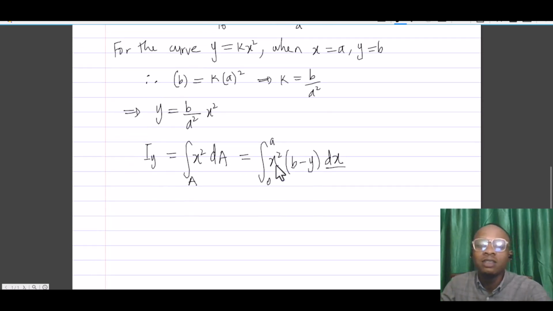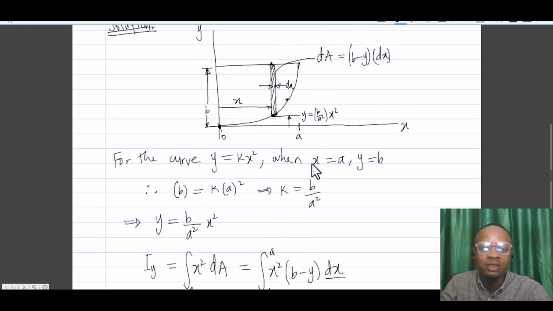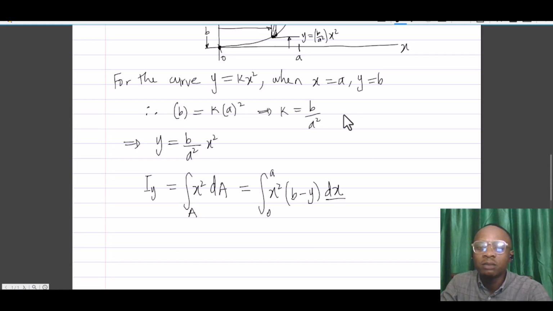The next thing now is, what is this y here? We are integrating with respect to x, and y is obviously not a constant. From our diagram, y varies with the position of the elemental rectangular strip. The variation of y with respect to x is given by the equation of this curve: y is equal to b over a squared multiplied by x squared.